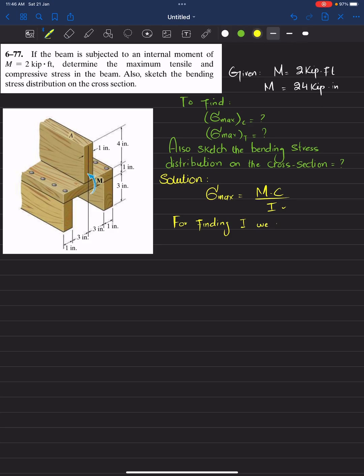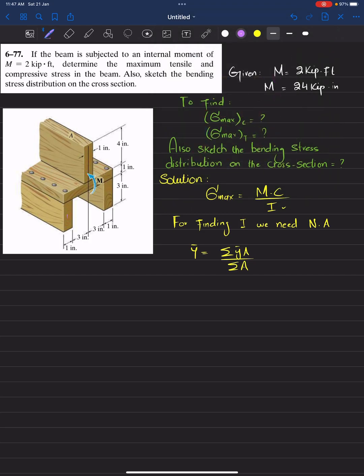What will be the location of the neutral axis? For that we have the formula: y bar is equal to the sum of y dash times A divided by the sum of area.